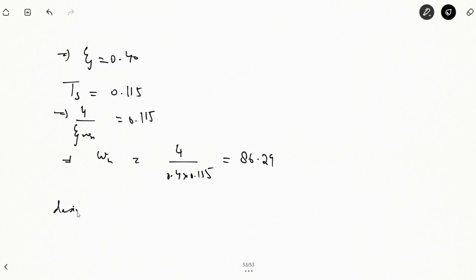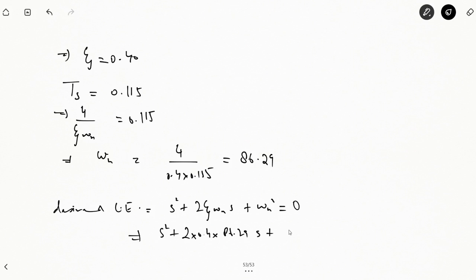So your desired characteristic equation is s square plus 2 zeta omega n s plus omega n square equal to 0, which implies s square plus 2 into 0.40 into 86.29 s plus 86.29 square equal to 0, which implies s square plus 69.032 s plus 7445 is equal to 0. So this is your desired characteristic equation.